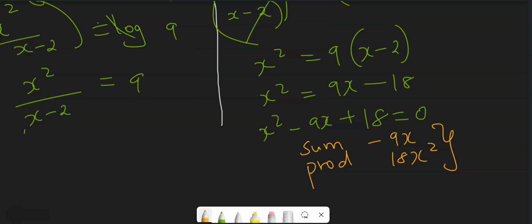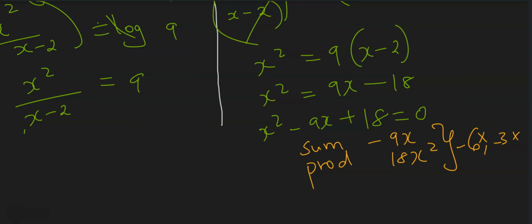So two numbers here. What are those numbers? 6 and 3. So 6x and 3x. But which one is positive? Both are negative. So negative 6x times negative 3x is 18x squared, and negative 6x plus negative 3x is negative 9x.